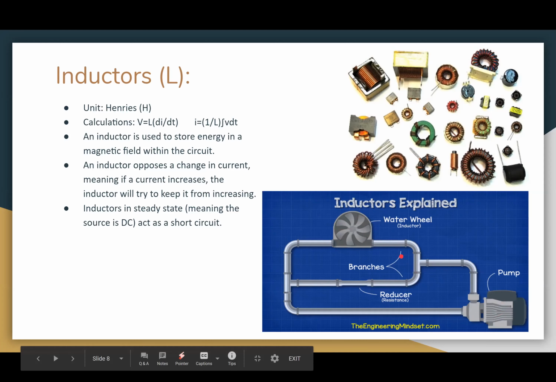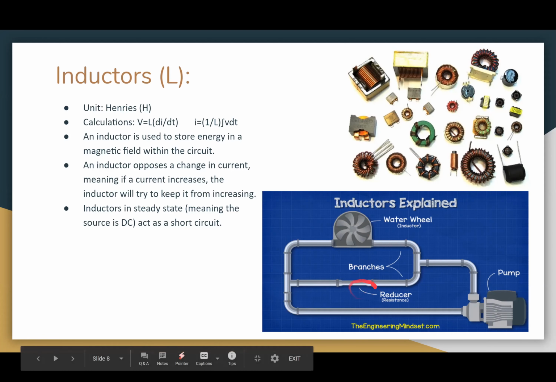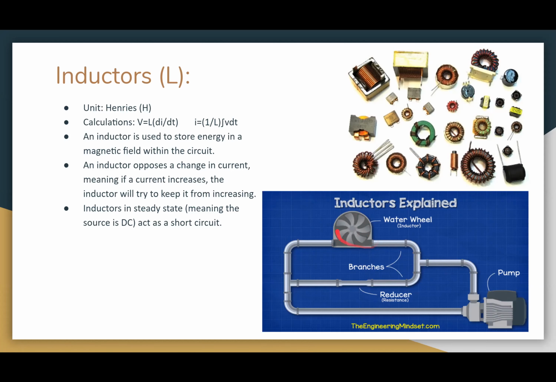But over time, the water would be able to overcome this water wheel's weight, per se, and it'll slowly start to move the water wheel until it gets faster and faster to the point where the water will now start flowing through here more rather than this, since this is the path of more resistance, and this would be considered the path of least resistance. So the water pumping through would come through here and through here, but it'll mainly go through here simply because the water wheel's turning so fast that the water doesn't feel like it's opposing its flow.